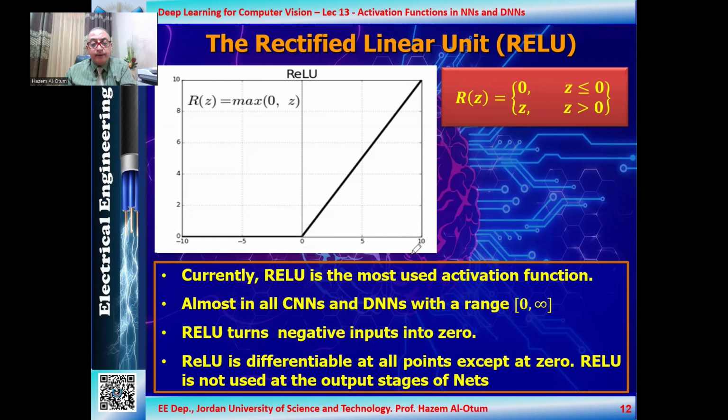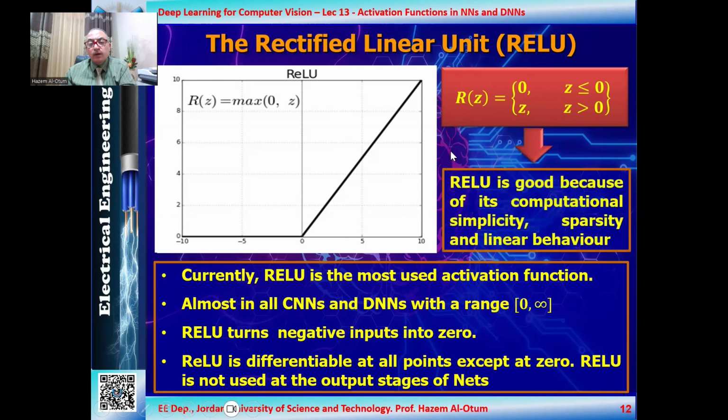You have to remember that the ReLU function is usually not used at the output, in the later stages of the neural network. It may be used in the mid range of the network itself. Why is ReLU good and why is it used very commonly?